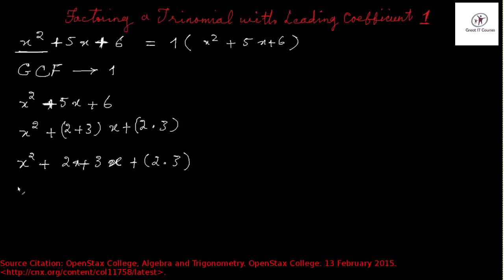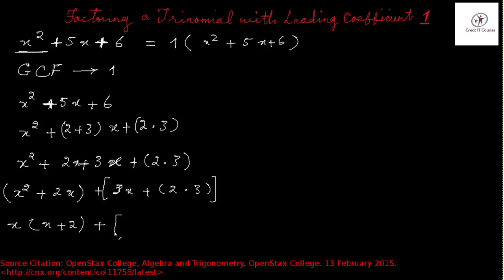And now, for instance, I can group x squared plus 2x together, and I can group these two terms together, so I can write 3x plus 2 into 3. Now you can see that the greatest common factor between the first two terms is x, so I can write this as x into x plus 2. The greatest common factor between the other two terms is 3, so I can write this as 3 into x plus 2.